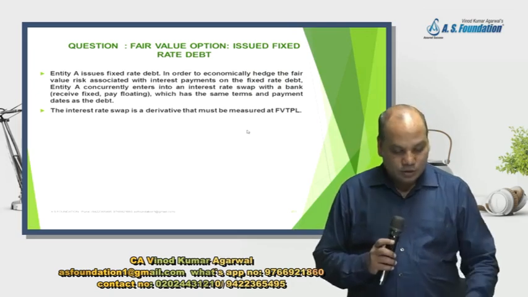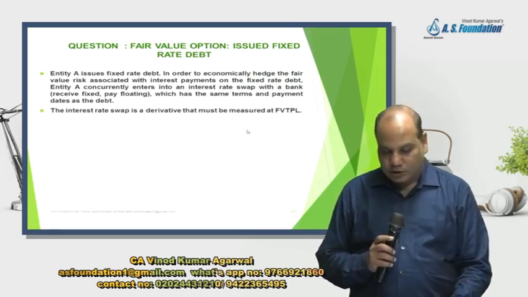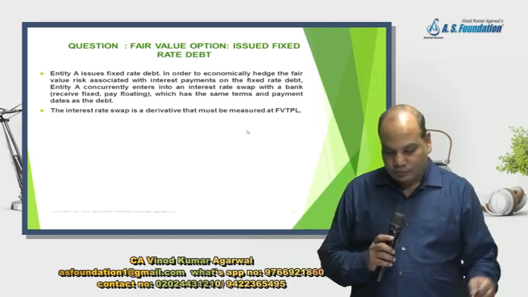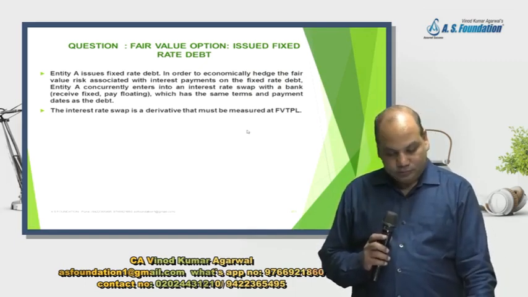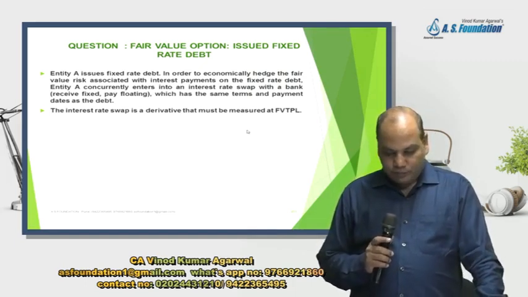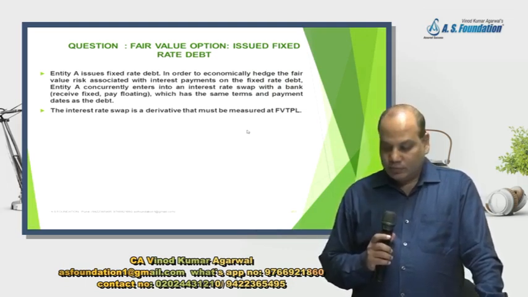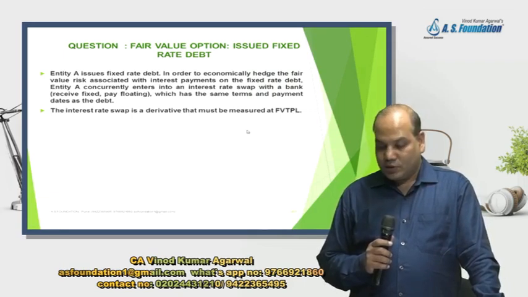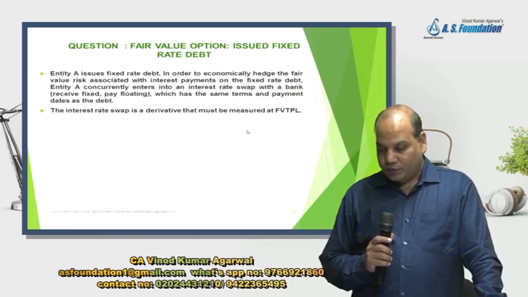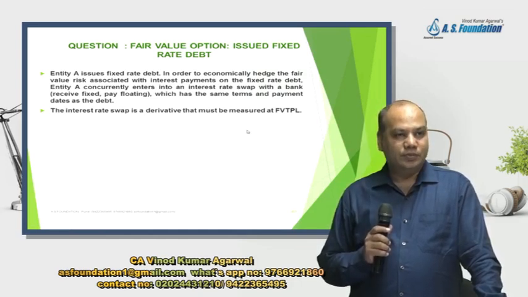To understand the concept of accounting mismatch, entity A issues fixed rate debt. Okay, so you have issued a fixed rate debt, means liability. In order to economically hedge the fair value risk associated with interest payment on the fixed rate debt, entity A concurrently enters into an interest rate swap.